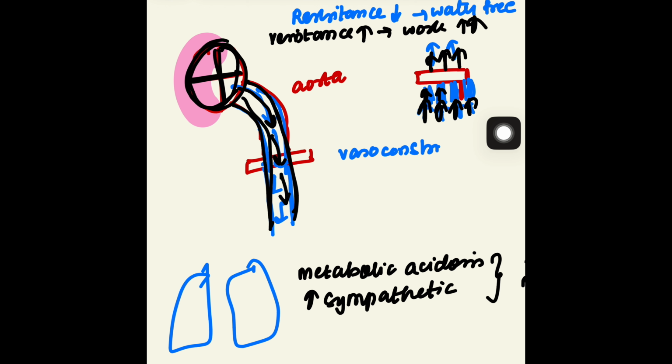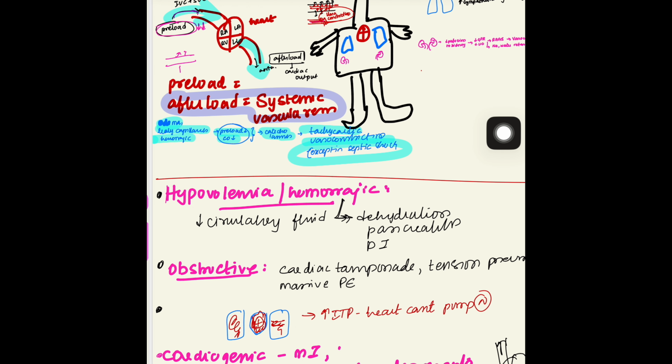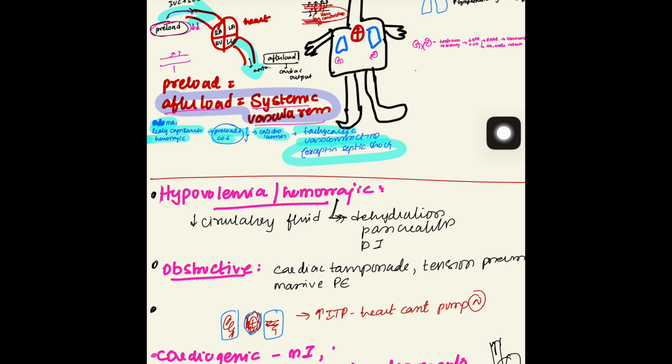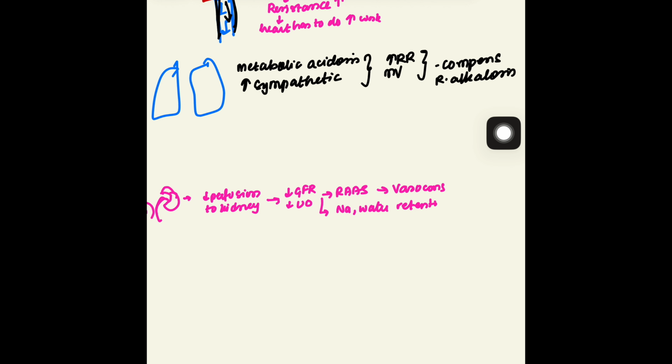Imagine when vasoconstriction happens, the resistance increases, so the heart has to do more work. So afterload depends upon systemic vascular resistance. Remember this point.